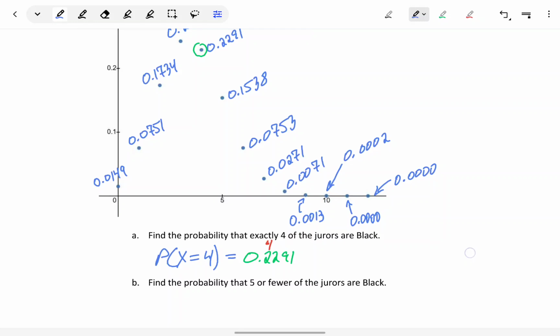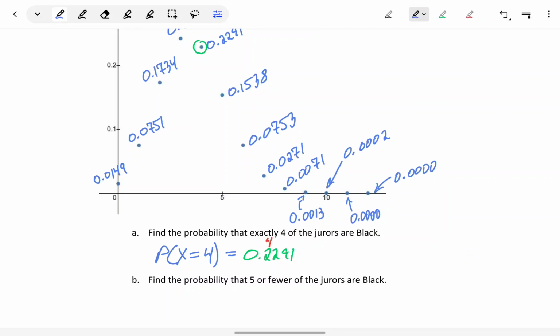In part B, we want to find the probability that 5 or fewer of the jurors are black. That would be the probability that X is less than or equal to 5. We could just start with the probability that X is equal to 0 and keep adding as we go.